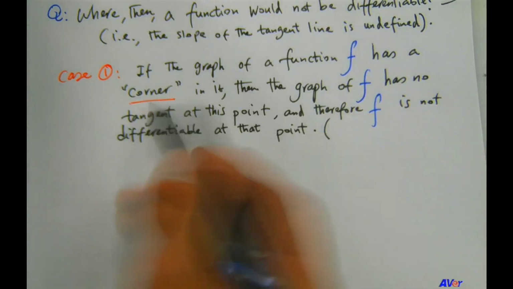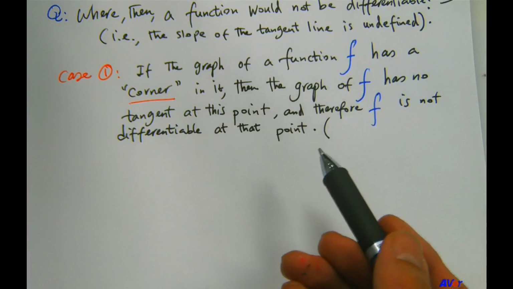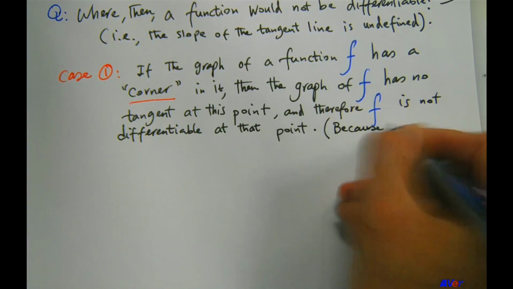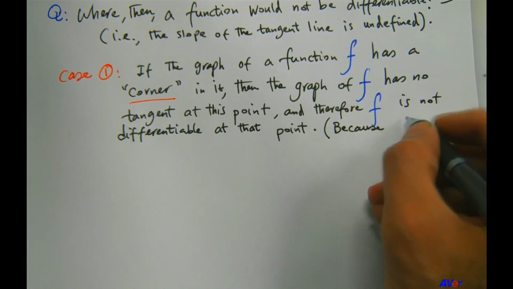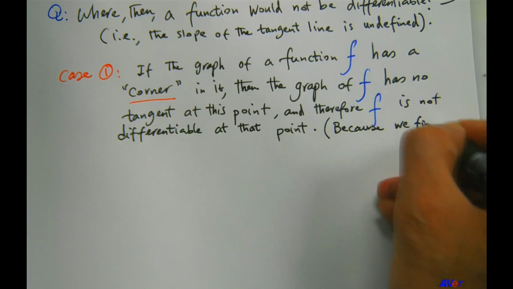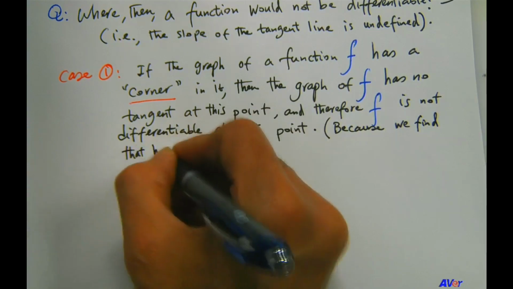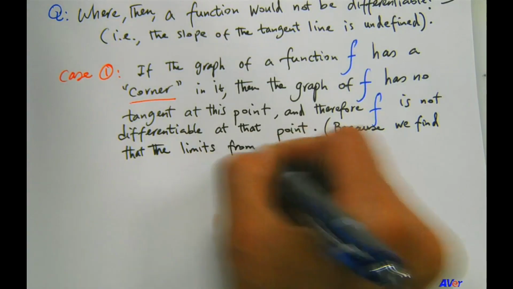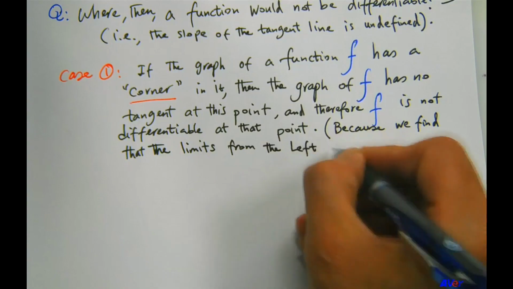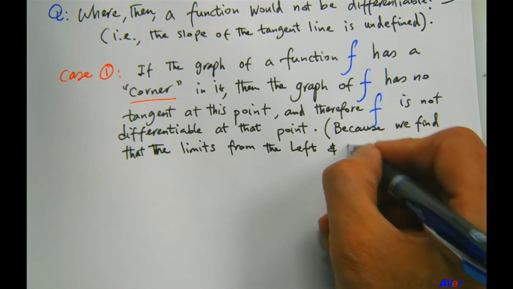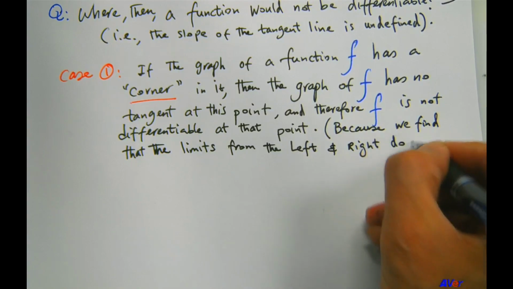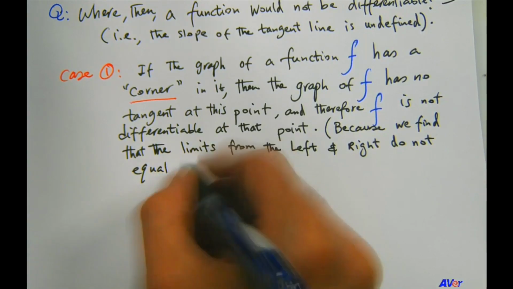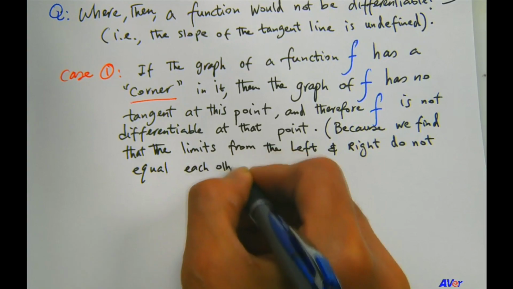Why is it that when we have a corner point along a graph, the function is not differentiable at that point? Here's why: the two one-sided limits do not equal each other.